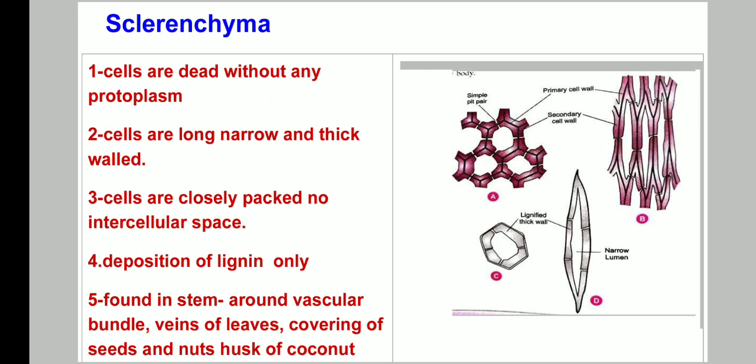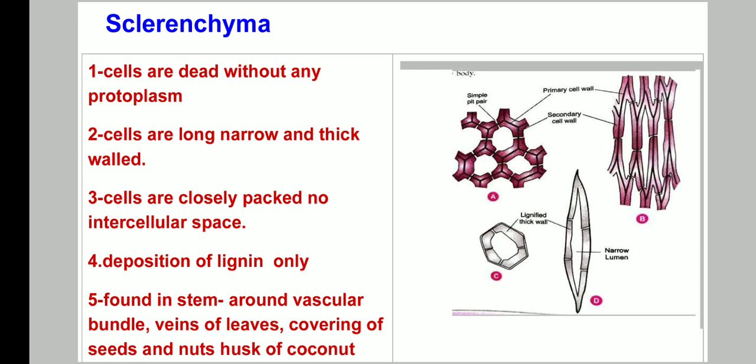A hollow area, a narrow lumen. The cells are long, narrow, and thick walled. The walls are thicker than the collenchymatous cells. These cells are closely packed, with no intercellular space, and the deposition is of lignin only.